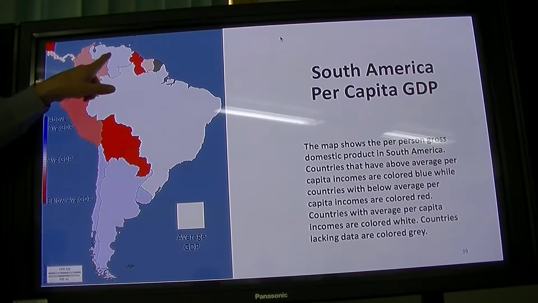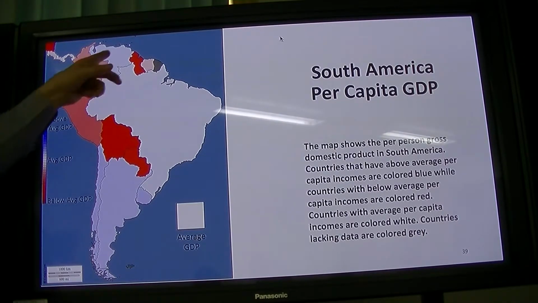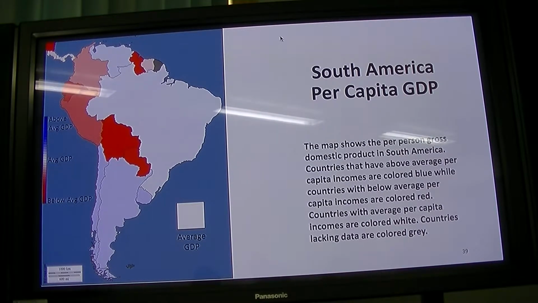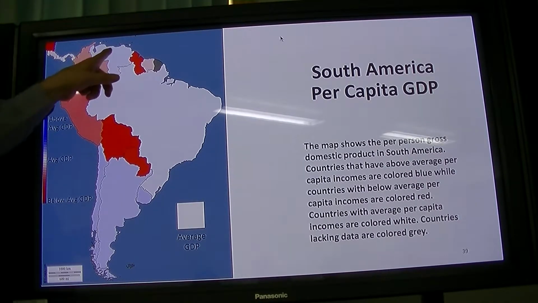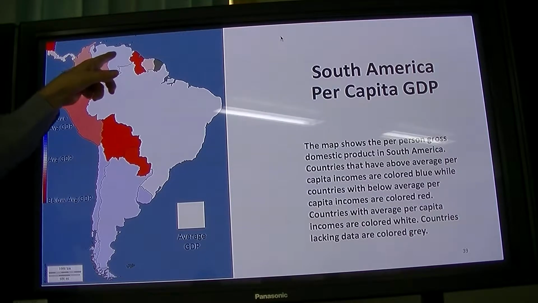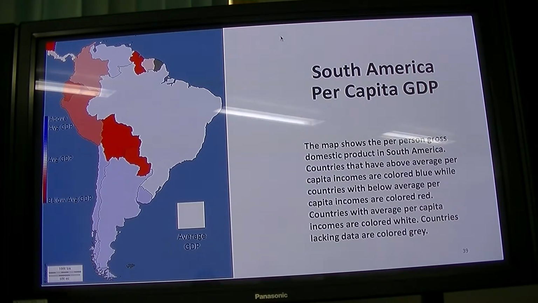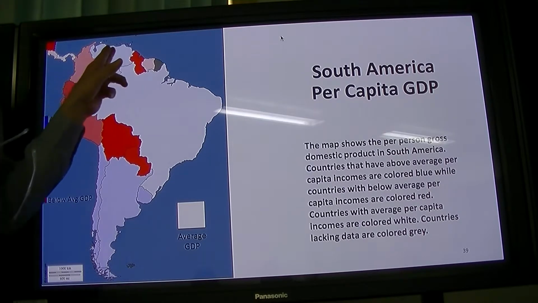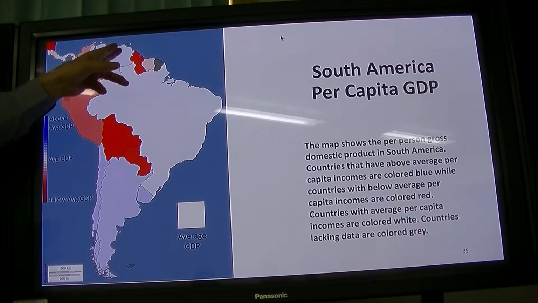That's Venezuela. Venezuela is above average. It's relatively wealthy, but this is 2012. Things have gone down dramatically. That's a country that's had dramatic mismanagement by the government. It's a great example of how policies can create poverty. I could spend a lot of time talking about it.